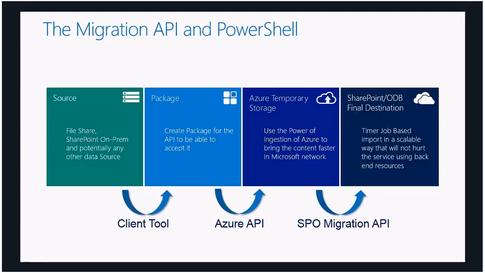Once the files are uploaded into the Azure temporary storage, a SharePoint migration job running in the back end copies the files from the Azure storage into the SharePoint destination. That can be your SharePoint team sites or the end users' personal files. So this is the general steps of the migration API.